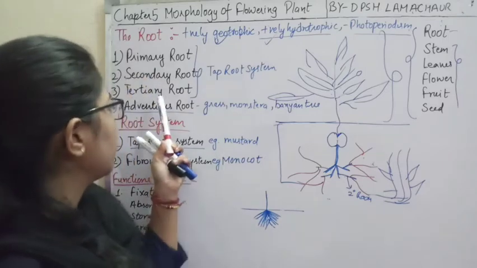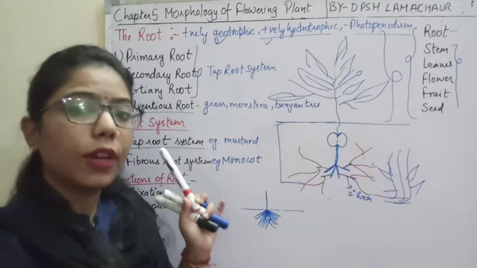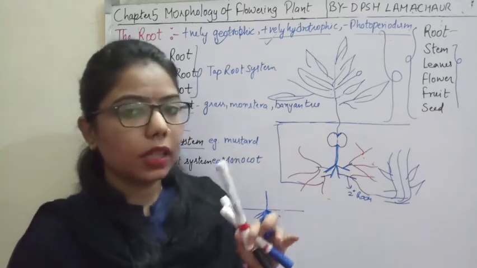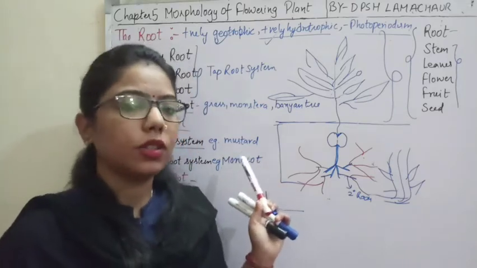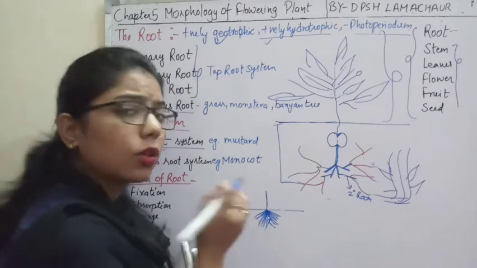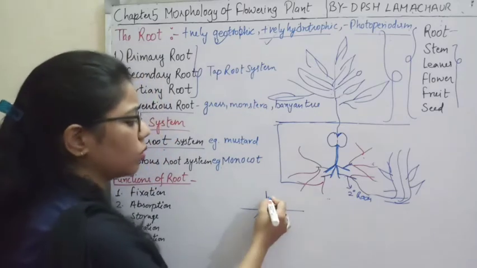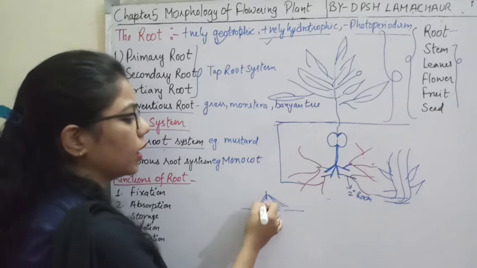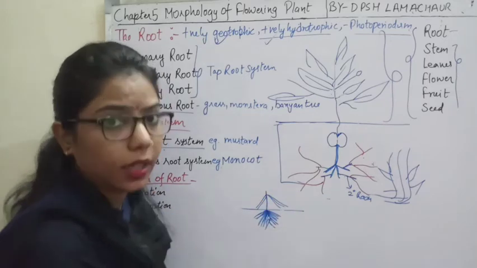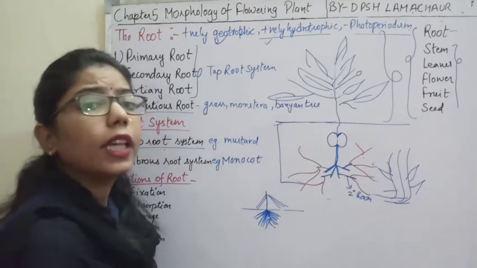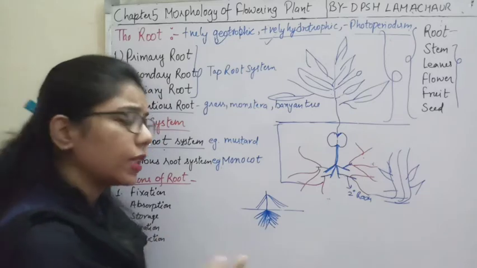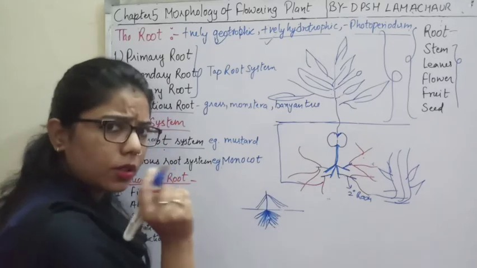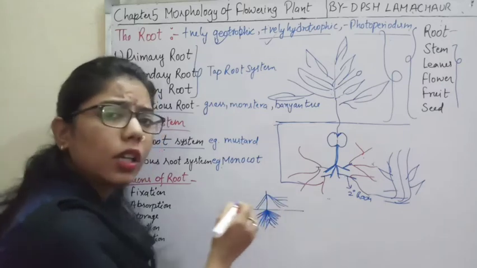That's why we are saying fibrous root system, and the fibrous root system is another example of adventitious root. It means that sometimes roots can develop from the stem also. In many plants, again I am giving the example of sugarcane, and in case of maize, you will see small roots arising from the stem also.